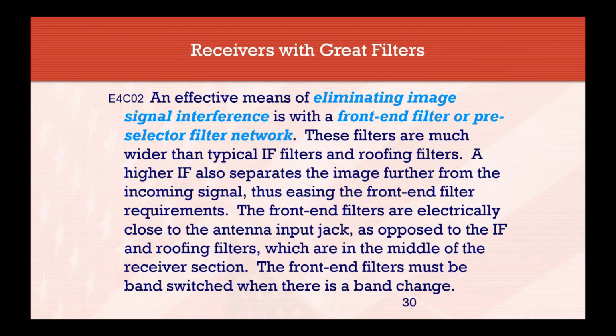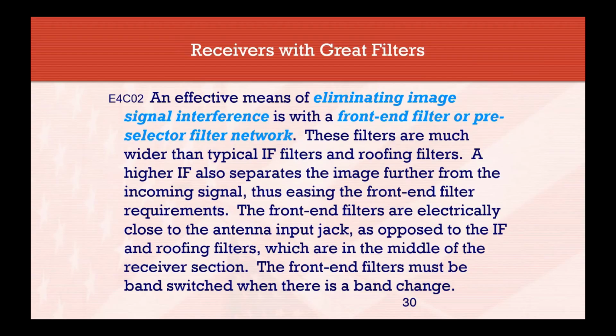A way of eliminating image signal interference is with a front-end filter or a pre-selector network. In other words, you put some kind of a filter, pre-selector type circuit in between the antenna and the radio, which is kind of like a pre-tuner. It would tune for the frequency band that you want to receive.